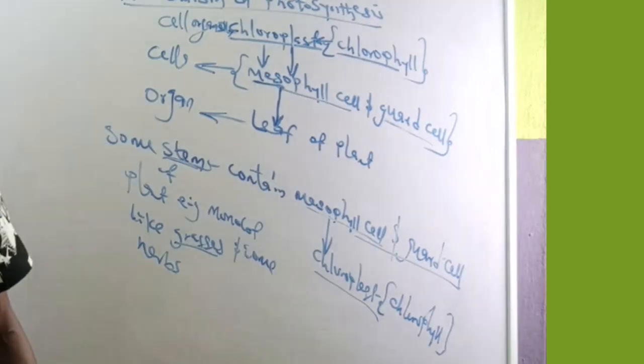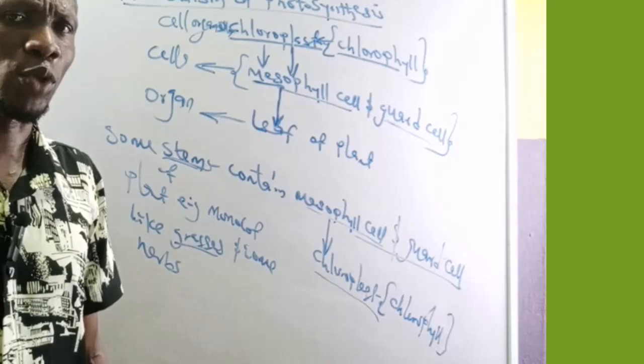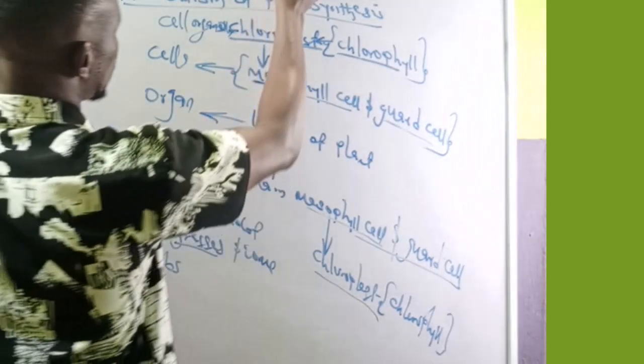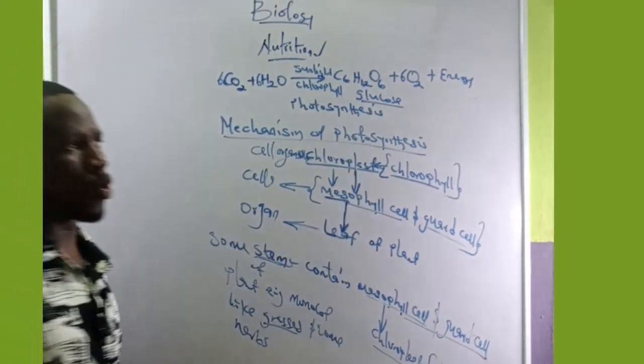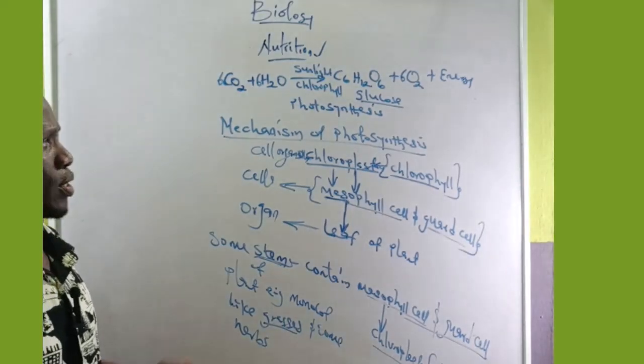The leaf of a plant is the most common part of the plant where photosynthesis takes place, where glucose is produced during photosynthesis.